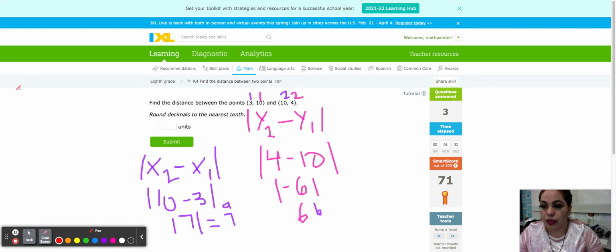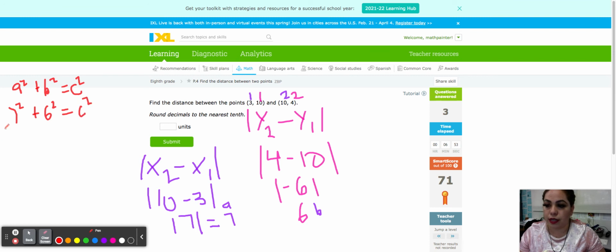And again, our formula is A squared plus B squared equals C squared. So A, I said it was 7. B, I said it was 6, equals C squared. 7 times 7 is 49.